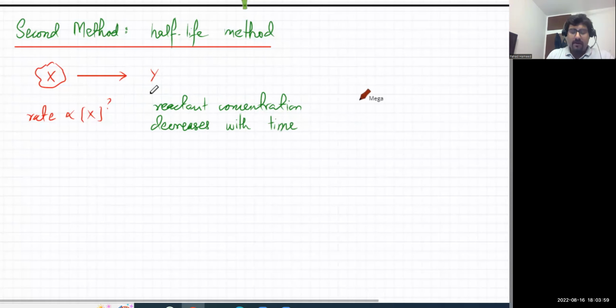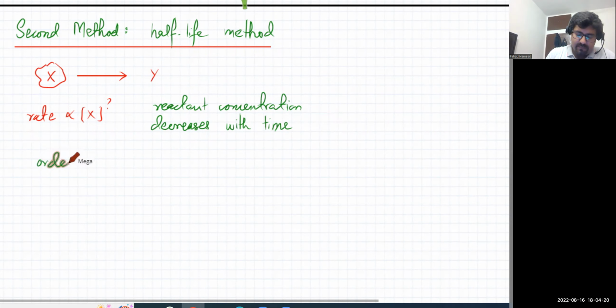As I said, it continuously decreases with respect to time. Now, since it is decreasing, remember we don't know what the order is. So let's say the order is 0.